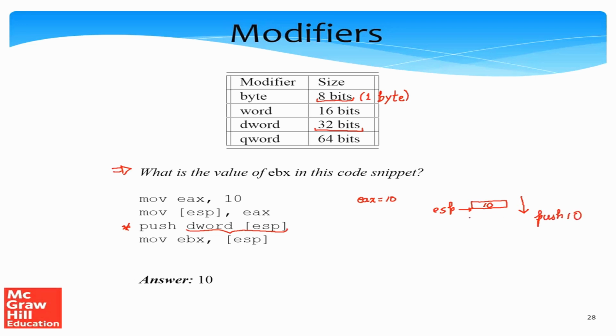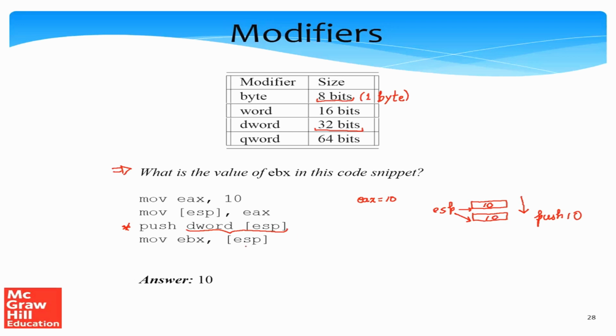If you take a look at the pseudocode of push that was explained a couple of slides ago, what we now need to do is decrement the stack pointer by 4. In the new location, which is the next location on the stack, we need to push the value of 10, which is what we just read.